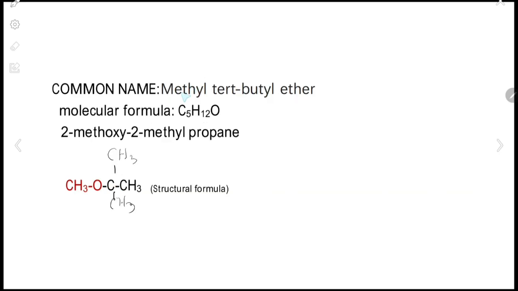Moving on to the next example, we have methyl tert butyl ether. We have here 2-methoxy-2-methylpropane. Now why this tert butyl? How many carbon atoms are there over here? If you see, this is 1, this is 2, this is 3, and this is 4.